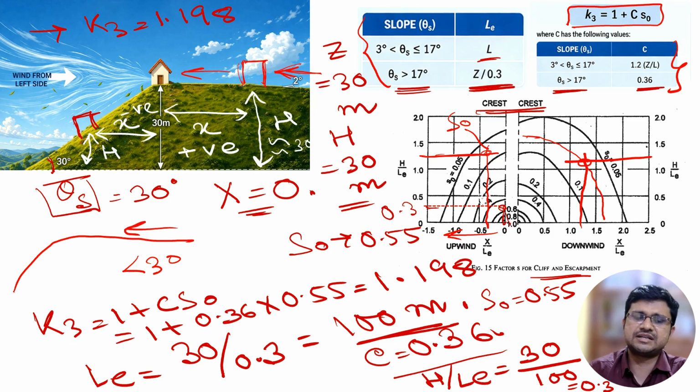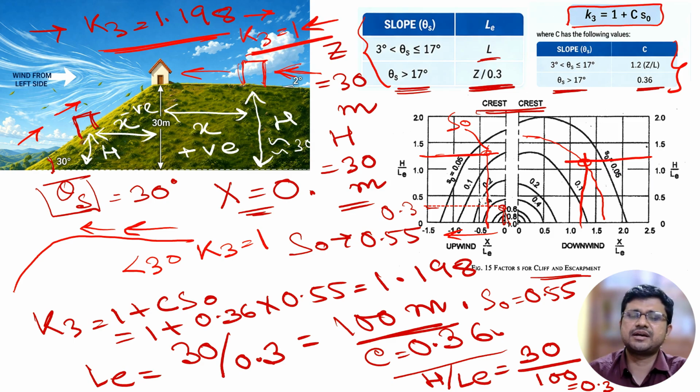So if wind is coming from right, there is no need to calculate the value of K3. K3 will be simply 1. If the wind is coming from left like this, at that time we have to calculate the value of K3. But if wind is coming from right, as the ground slope is less than 3 degree from right, K3 will be simply 1. From left it is 1.198, from right it will be 1.